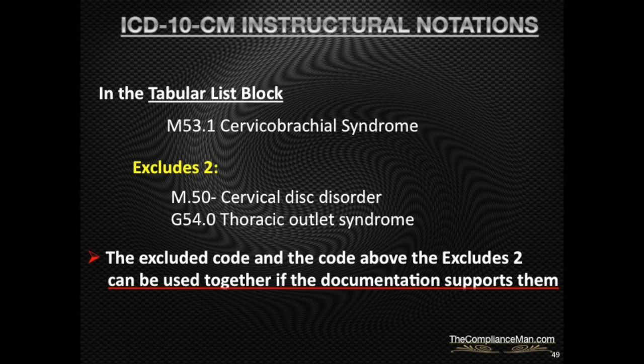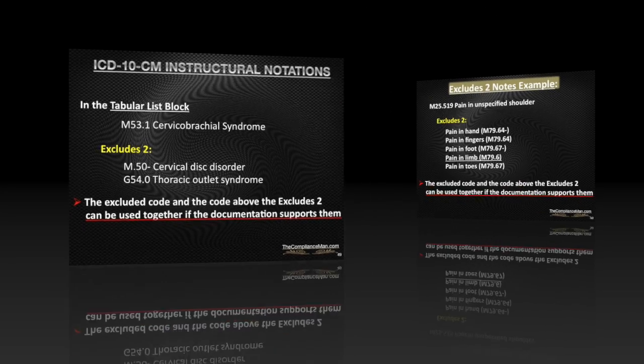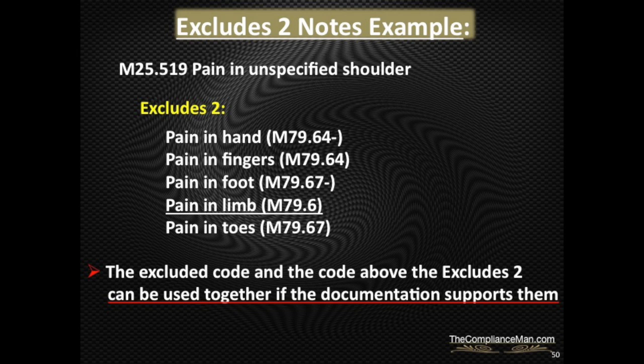So in this example, you could code both of those codes together if the documentation supports it. So if the cervical brachial syndrome was actually caused by a cervical disc disorder, you could then use both of those codes together.